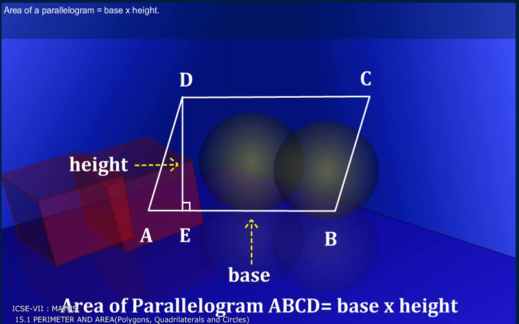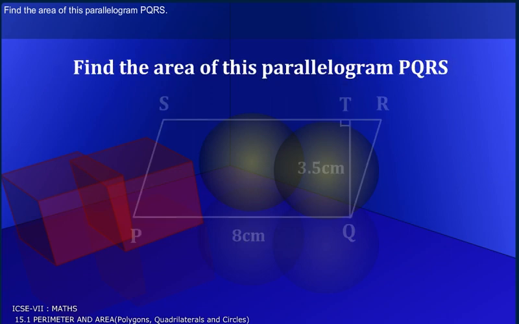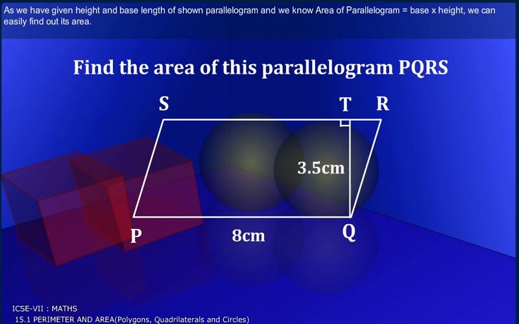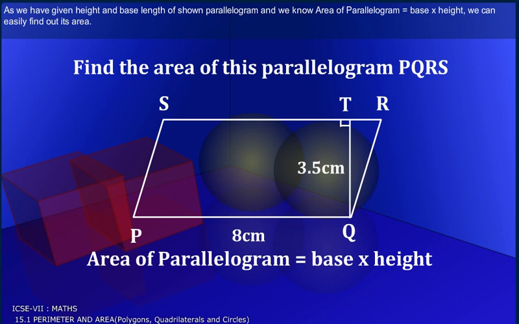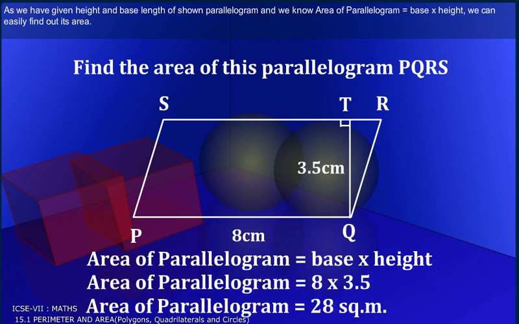Area of a parallelogram is equal to base into height. Find the area of this parallelogram PQRS. As we have given height and base length of shown parallelogram, and we know area of parallelogram is equal to base into height, we can easily find out its area.